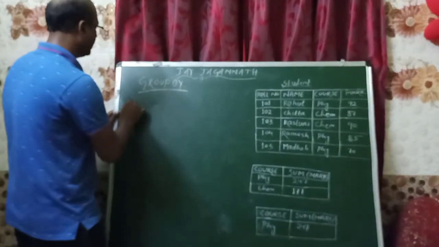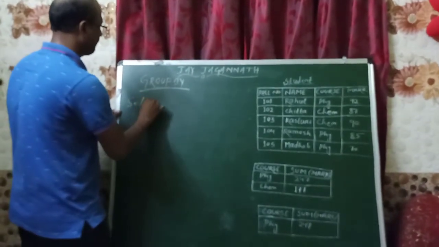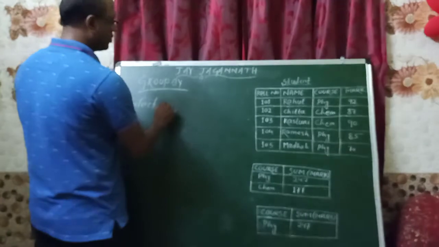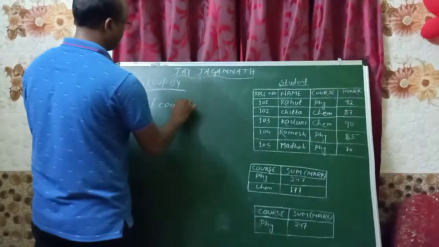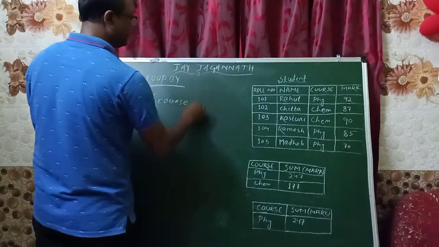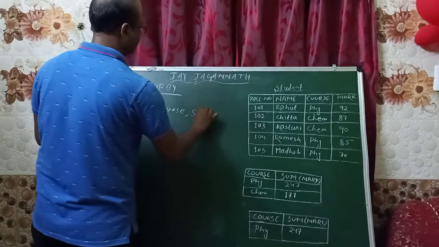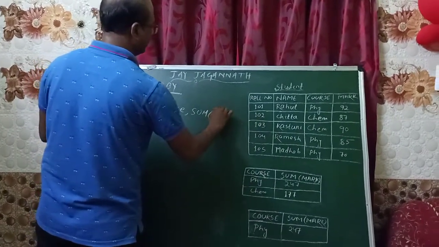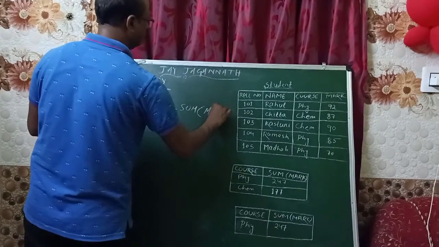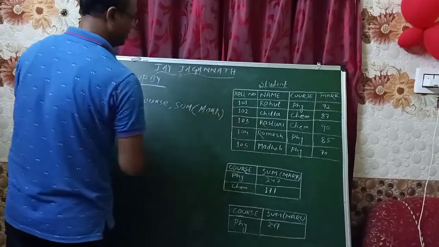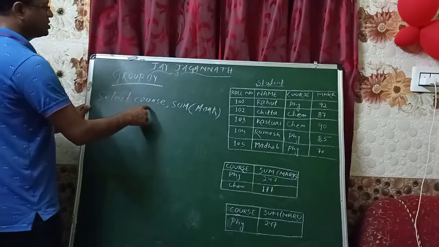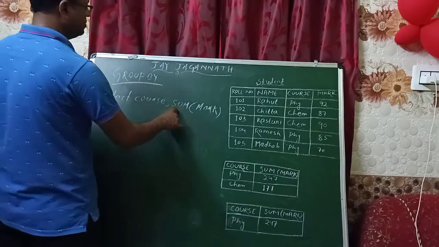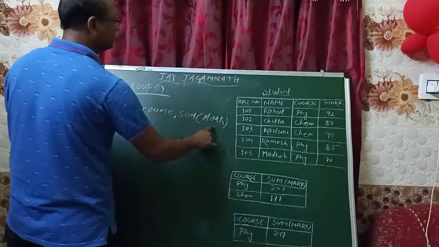For this purpose, I can write: select course, comma sum, the aggregate function I use, and here I give the column name mark.